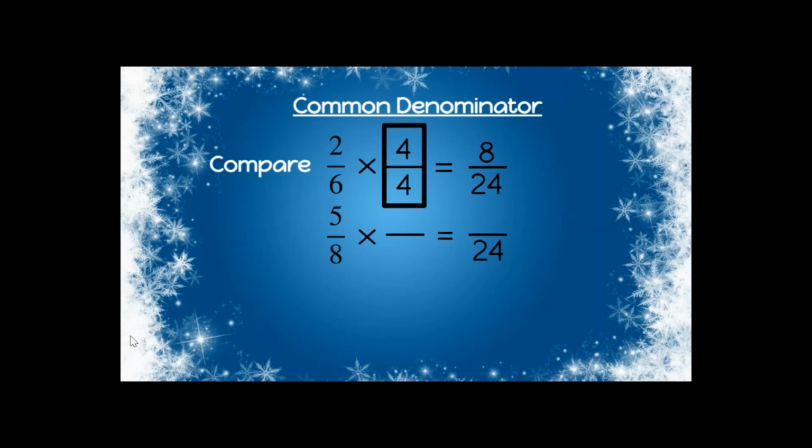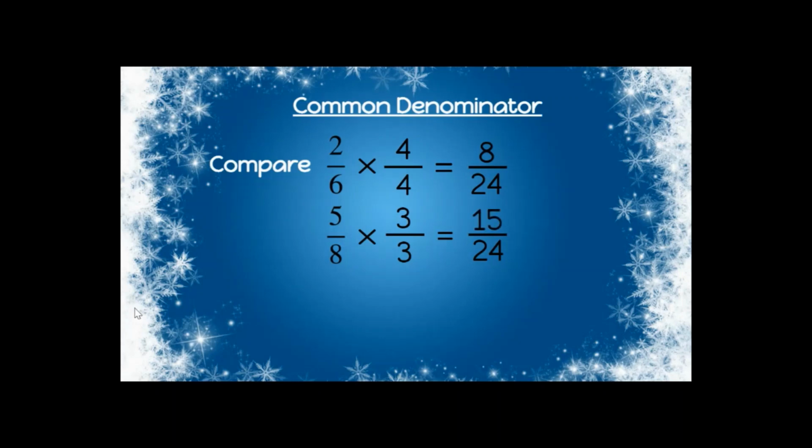What do I multiply my denominator of 8 by to get 24? 3. 8 times 3 is 24. Remember, whatever we multiply the denominator by, we multiply that same number by the numerator. So 5 times 3 equals 15.